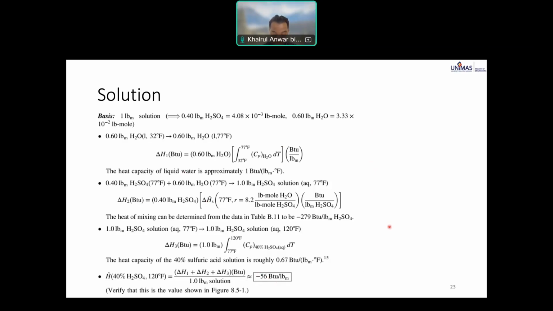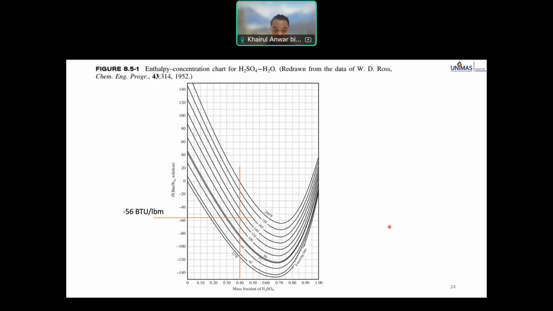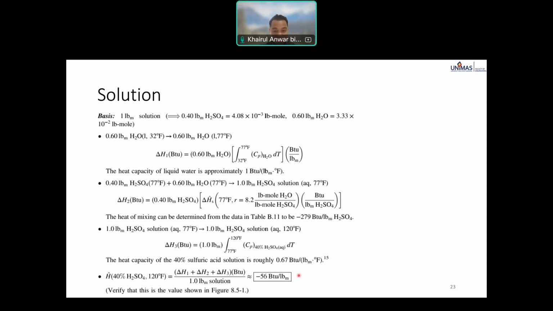If you refer to Figure 8.5-1 at 0.4 mass fraction of H2SO4, or 40% H2SO4, at 120 degrees Fahrenheit, the reading for enthalpy is negative 56 BTU per pound mole, which is similar to the normal method of calculating the enthalpy. So it means the chart is accurate.